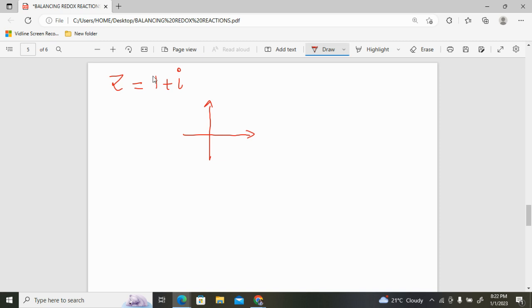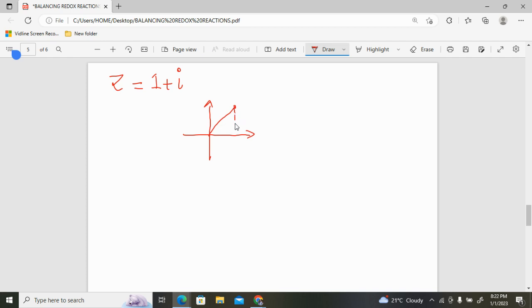If you look at this complex number, the real part is positive. The imaginary part is also positive, meaning that this complex number is going to be in which quadrant? You are looking for where x is positive and y is positive. So it is in the first quadrant. So this is where this complex number is going to be.